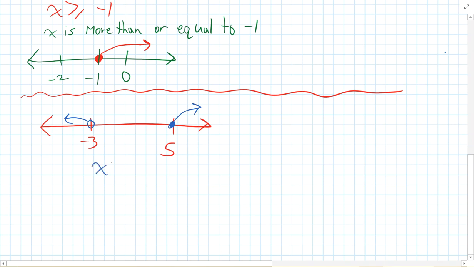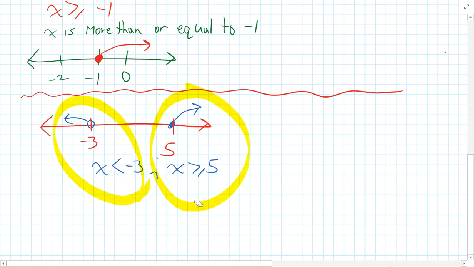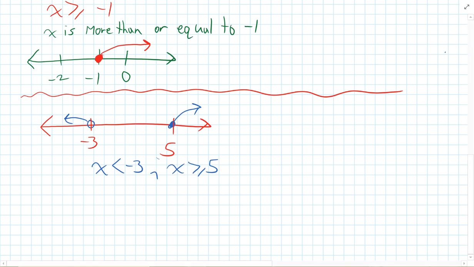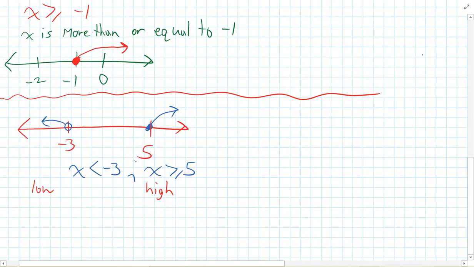We have x is less than -3, and so we use a comma, and x is greater than or equal to 5. So when they're separate going different directions, this is one inequality and that's the other inequality. Notice we usually write the low inequality first and then the high inequality second. So that's one kind of weird example you see in grade 10.